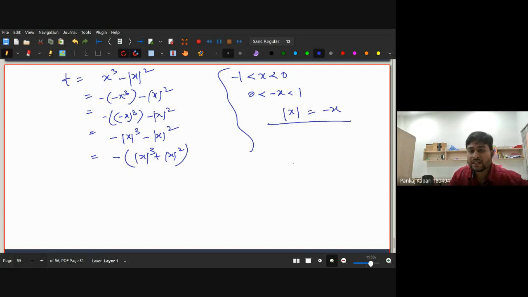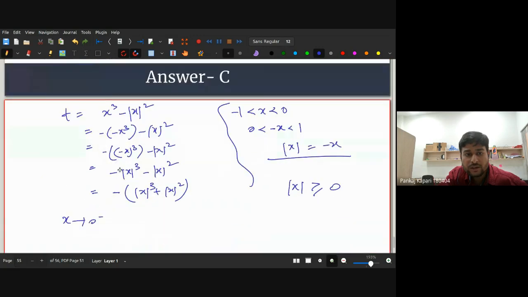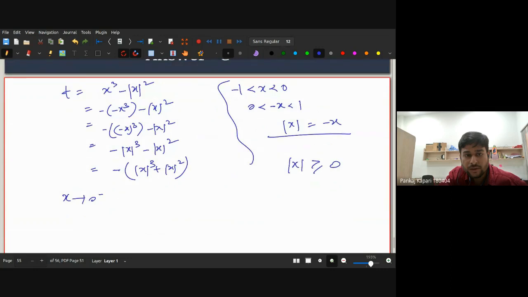Now you can see that mod x is always greater than or equal to 0, when x approaches 0 minus, so are we getting something different? This gives us that when x approaches 0 from the left hand side, t approaches 0 also from the left hand side, because this is just the negative of a modulus, or am I wrong?